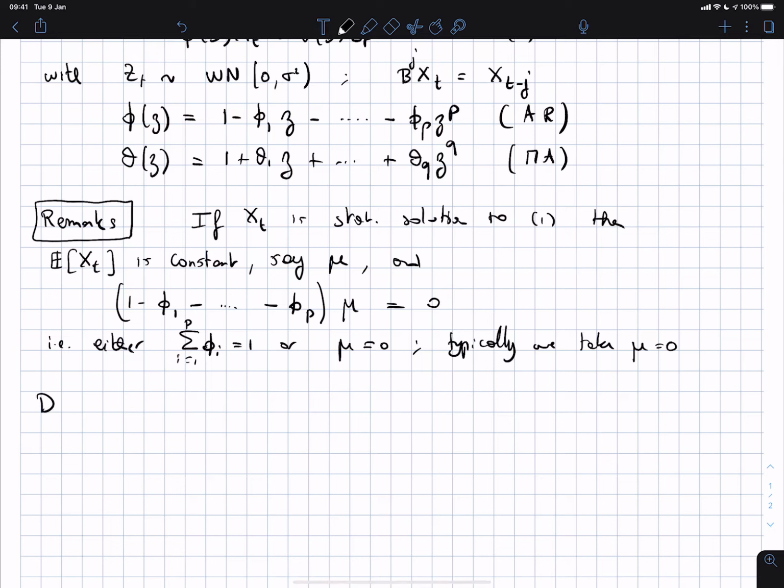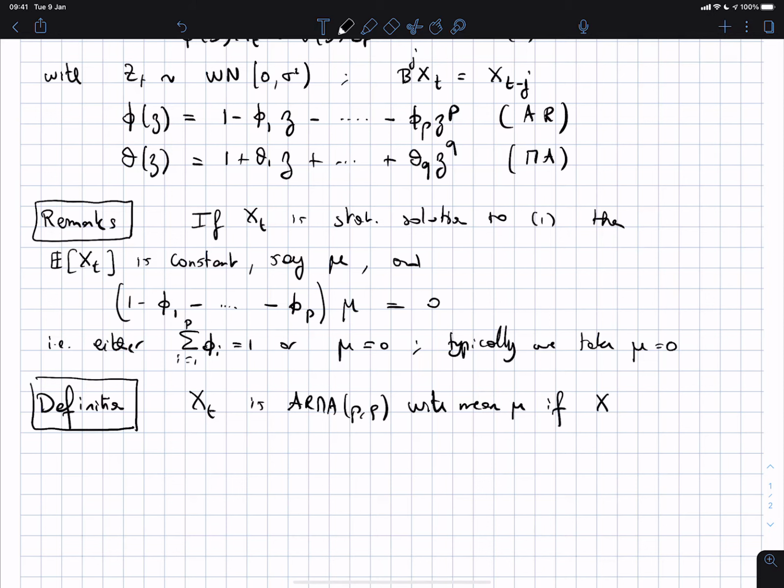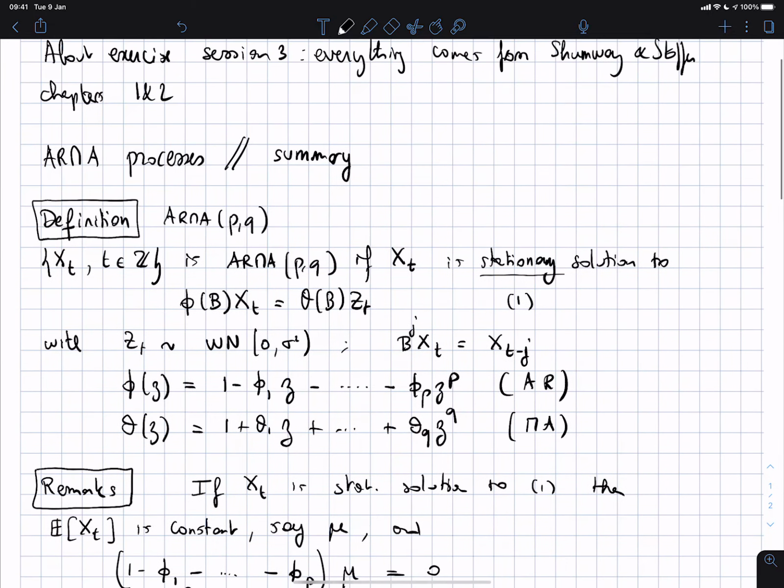Another definition is that X_t is ARMA(p,q) with mean mu if X_t minus mu is ARMA(p,q) as in definition 3.2.